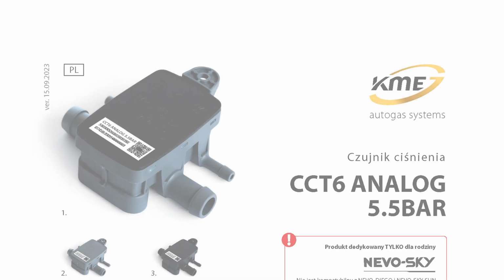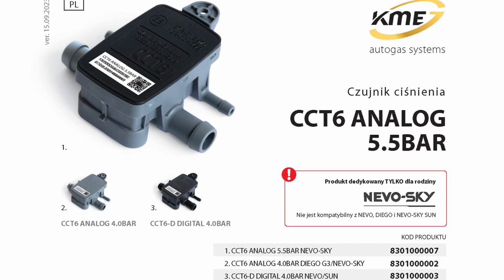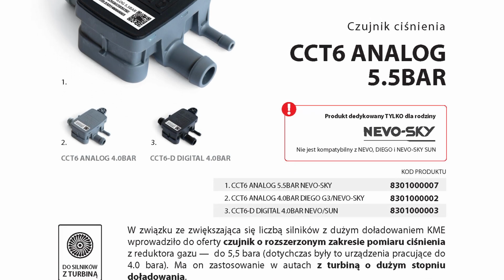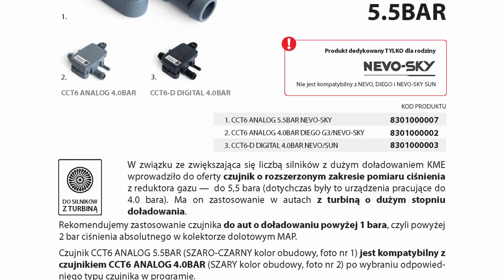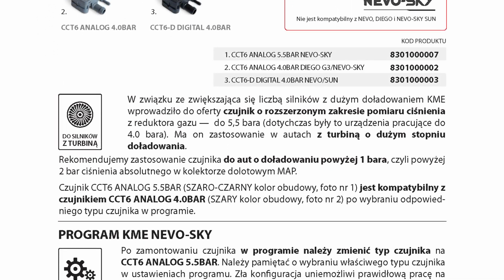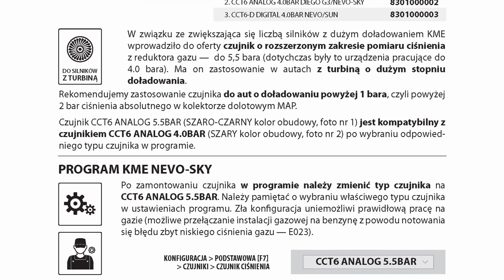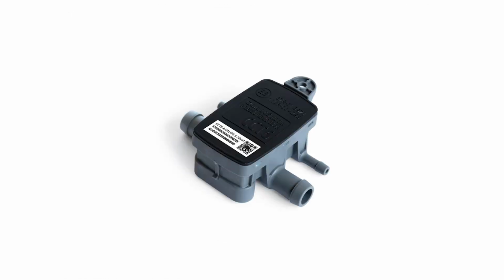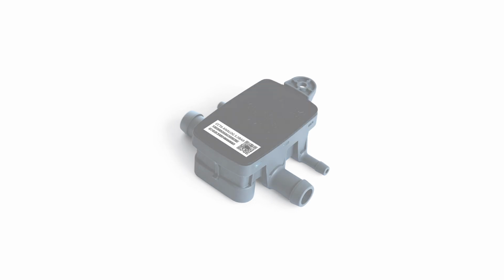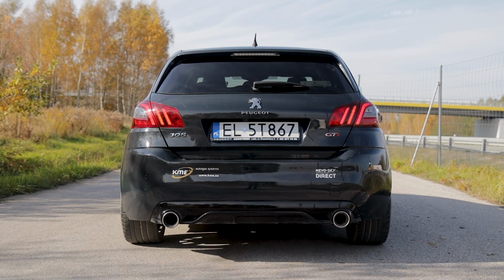Remember, the new sensor features an extended range of pressure measurement from the gas regulator up to 5.5 bar. So far, there have been sensors that measure pressure up to 4 bar. The CCT6 analog 5.5 bar sensor is used in cars with a highly boosted turbine.